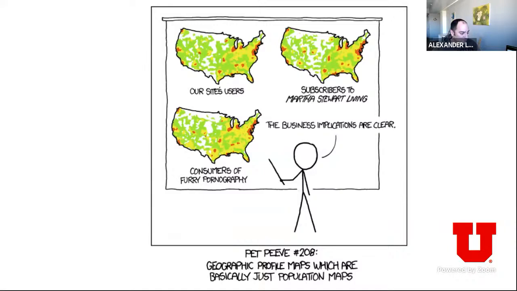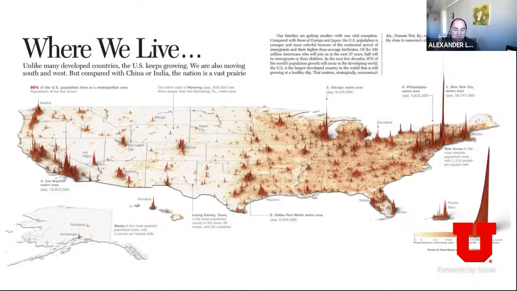And of course, the big problem with all of these kinds of mapping exercises is that geographic profile maps or choropleth maps are basically just population maps. So if you do something like this, you really have to account for population density in specific areas. And population density, as we all know, is very unequally distributed.